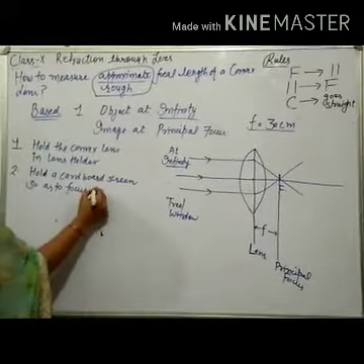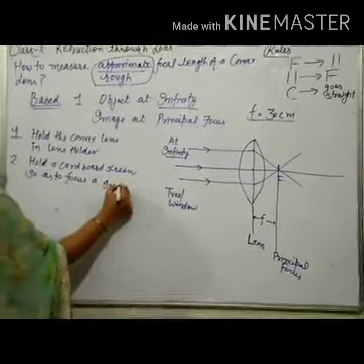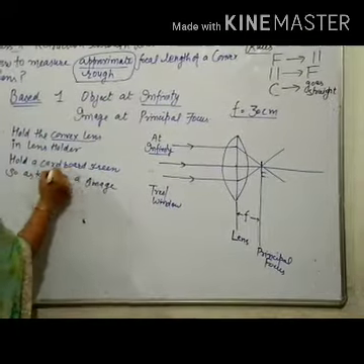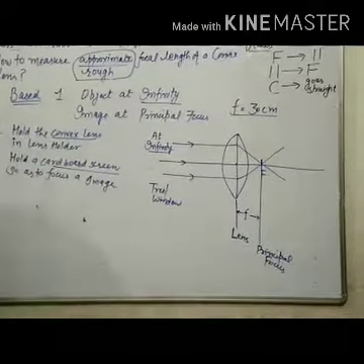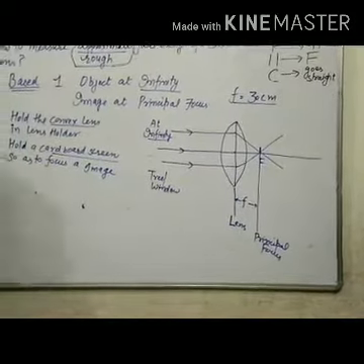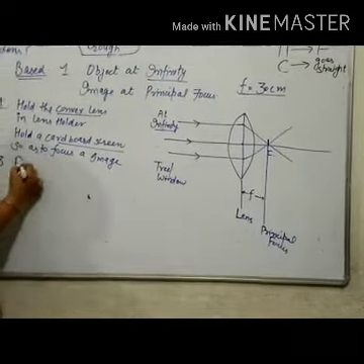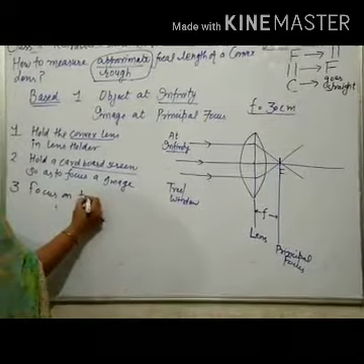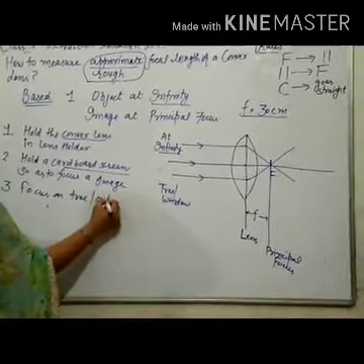Okay, it means you are having two holders, one having the convex lens and the other having the screen to capture the image. Now, focus on a building or tree or any outside object.